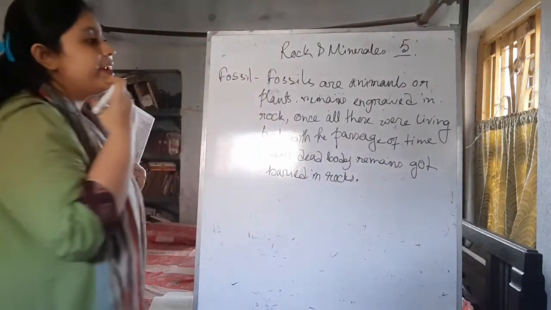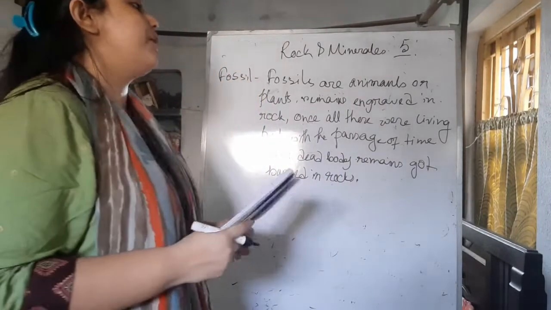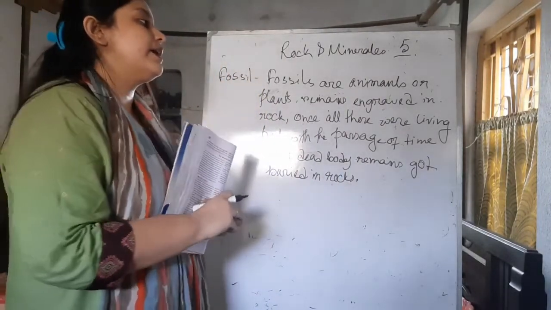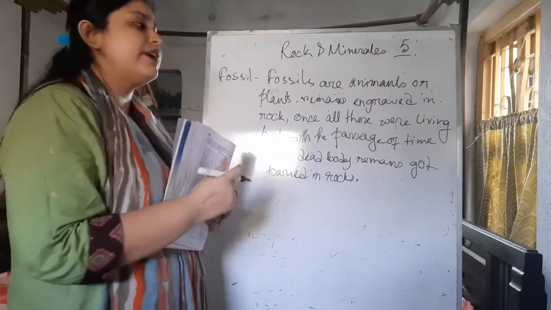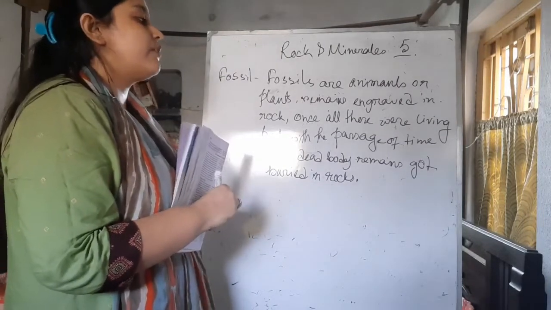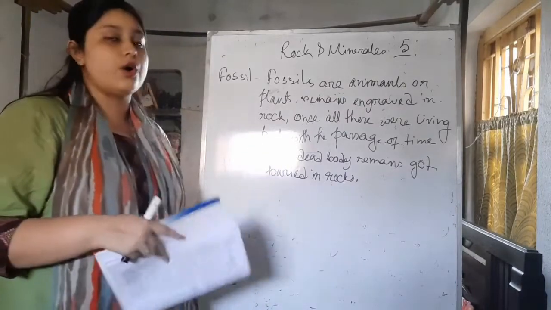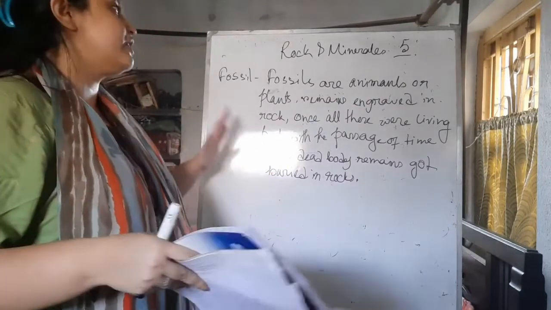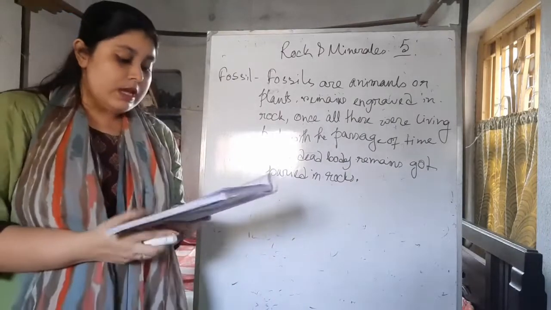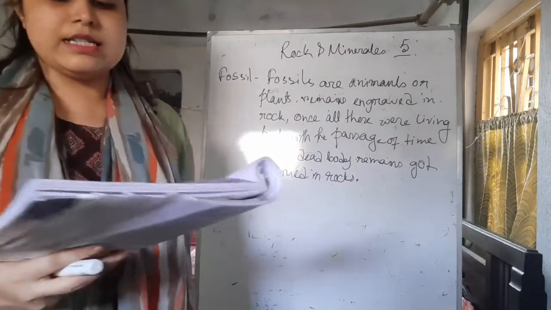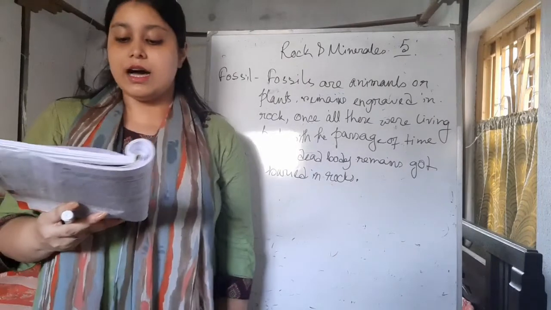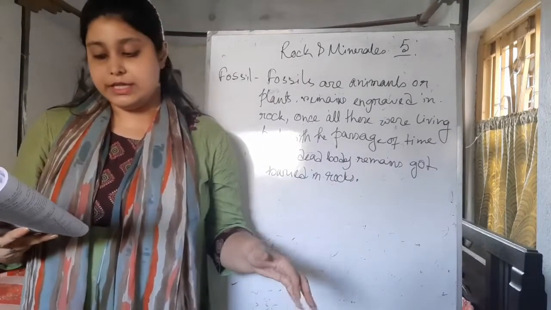They are the embedded type of animals or plants, embedded a very long time ago. They have been present here for a long time, already embedded or buried in the rock, and they are called fossils. They undergo different changes under the earth over a period of millions of years.